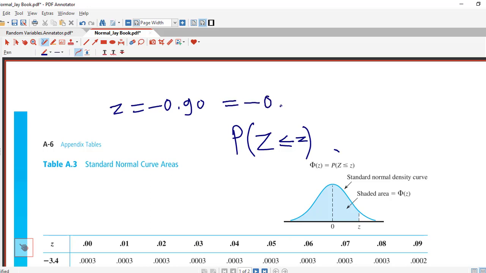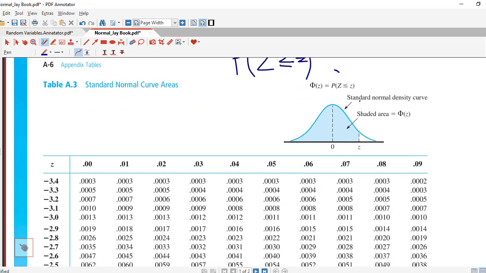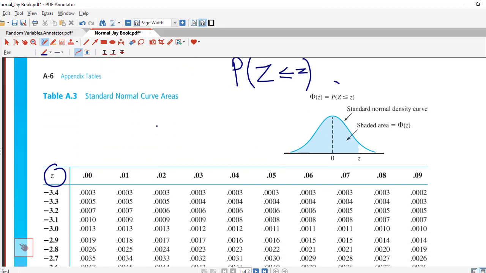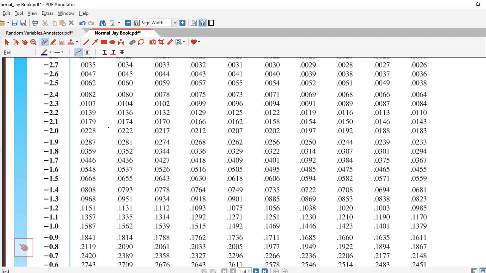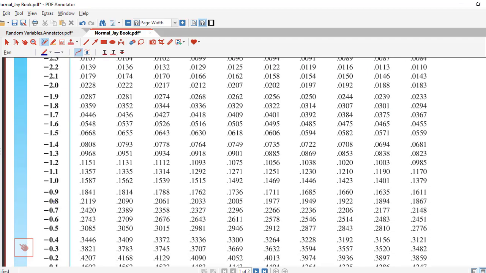So that we can write as minus 0.9 minus 0.00. So we look under the column of Z and we search for minus 0.9, and 0.00 is in the first column. So minus 0.9 is here.